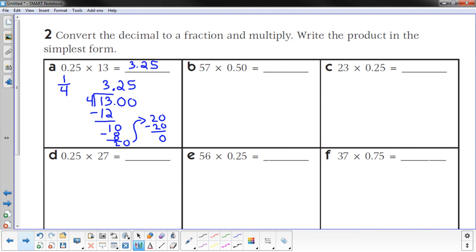57 times 50 hundredths. Well, that's the same as half. So basically they want to know what's 57 times half, or what's half of 57.